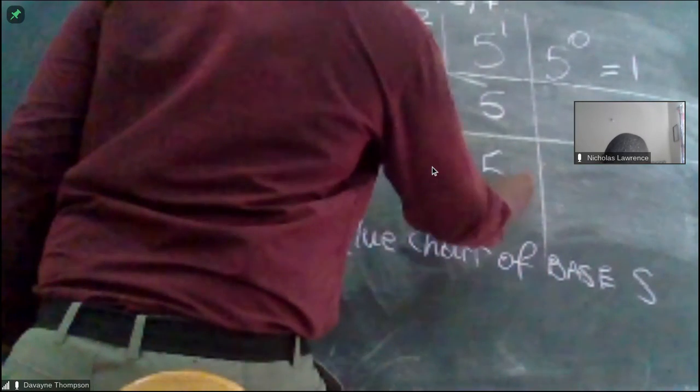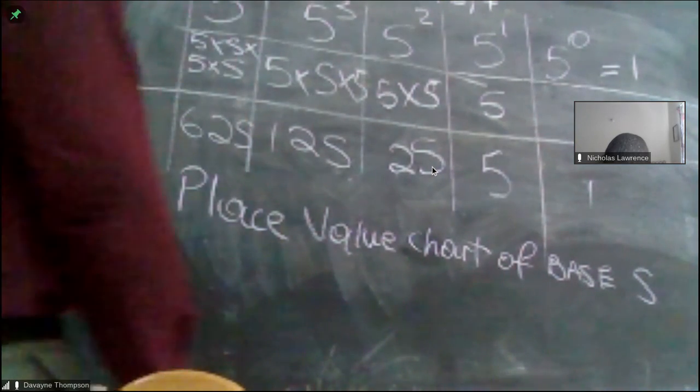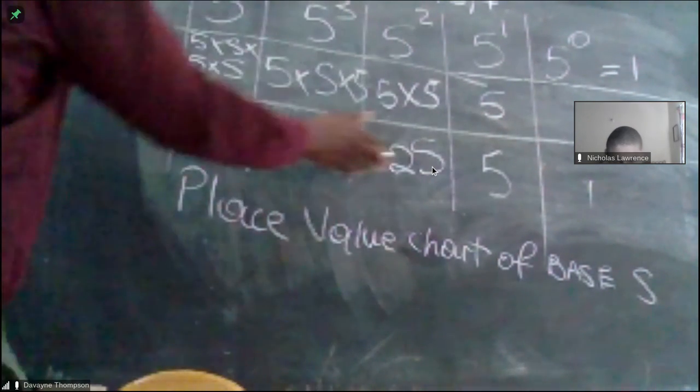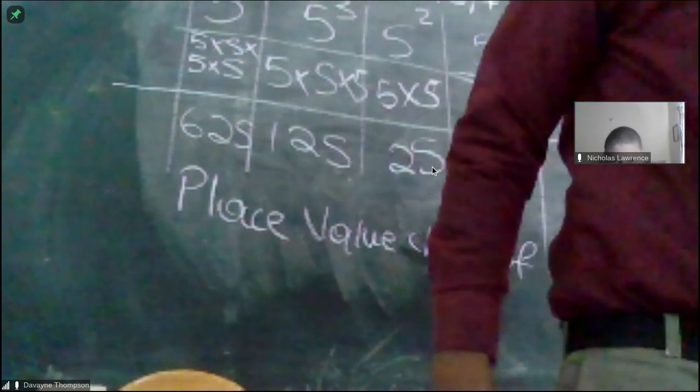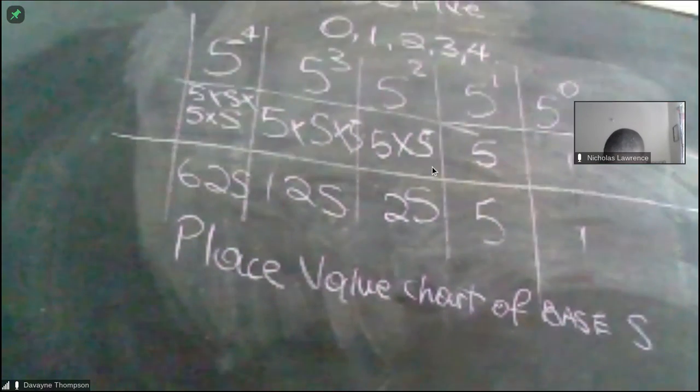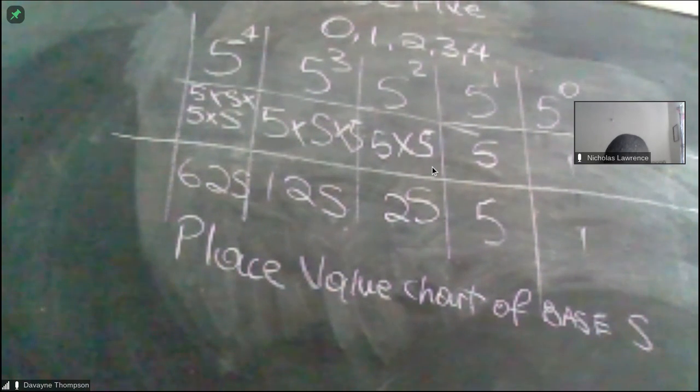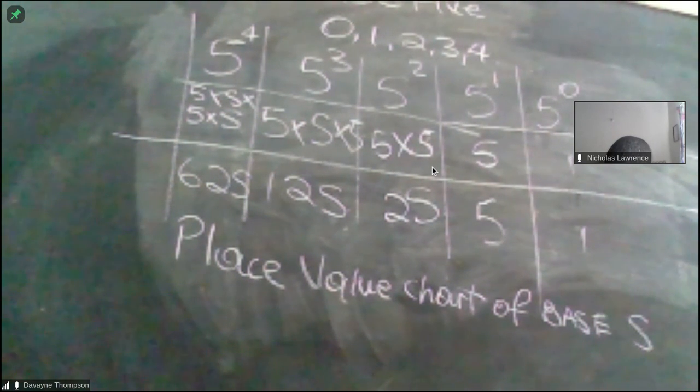It should have just been 5, should have just been 1. So the powers therefore are 1, 5, 25, 125, and 625. Alright? Now we're going to practice this by doing an example question.